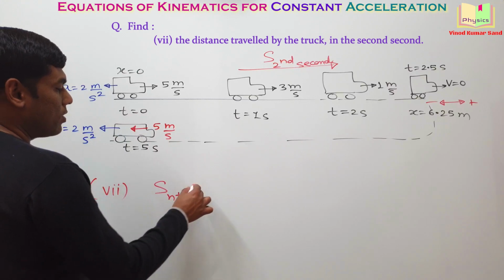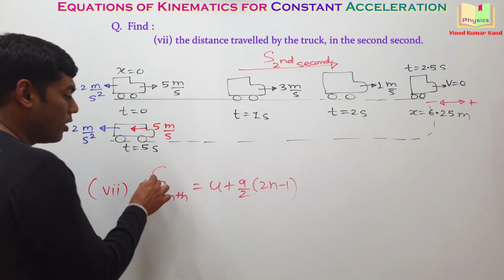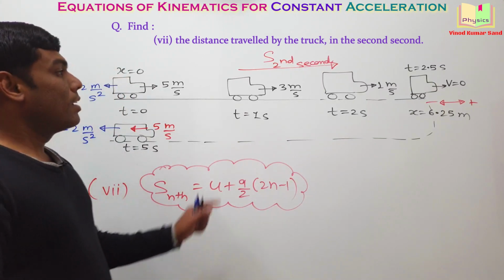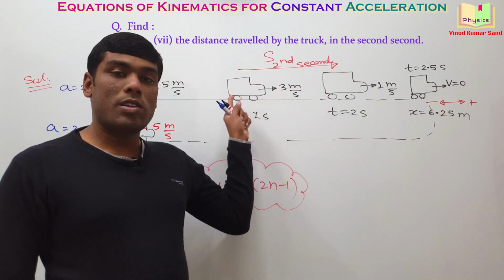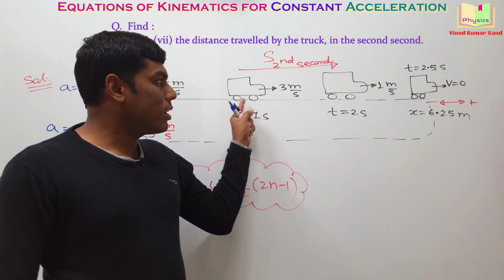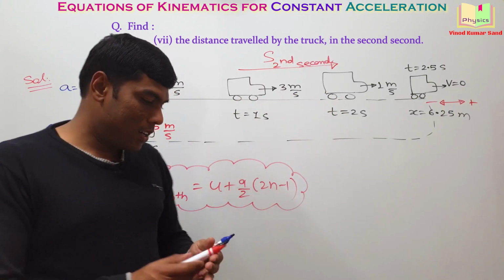S nth is equal to u plus a by 2 into 2n minus 1. Although it is a formula for the displacement, here we can use it for the distance traveled because the magnitude of displacement and the distance traveled for this time interval is the same. Done.